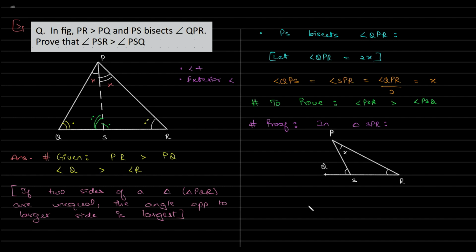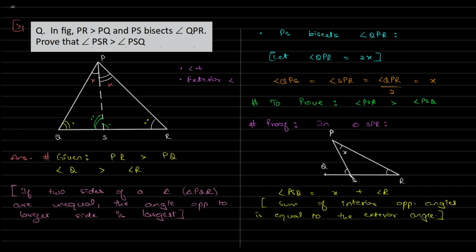So now we are looking at angle PSQ is equal to x plus angle R. Reason: sum of interior opposite angles is equal to the exterior angle.